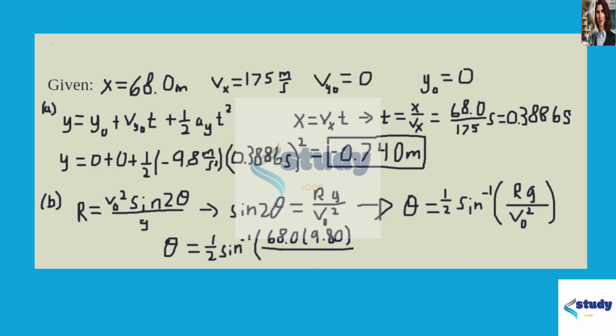And this is divided by v naught squared, which is meters per second, squared. So all the units are going to cancel out, and we can just ignore units. So this is 175 squared. You plug all that into your calculator, and this comes out to be 0.623 degrees. That would be the angle that the hunter would need to shoot in order to hit the target from that distance away.